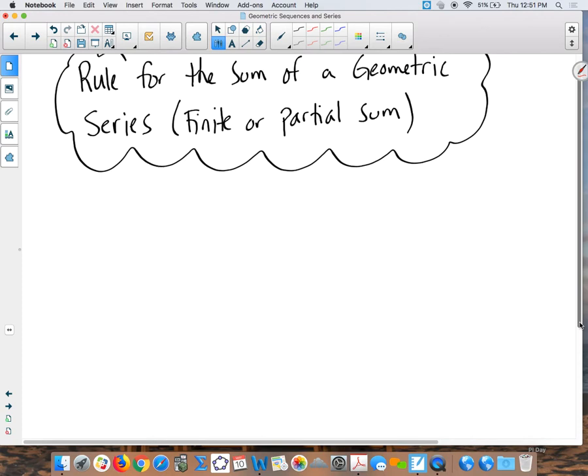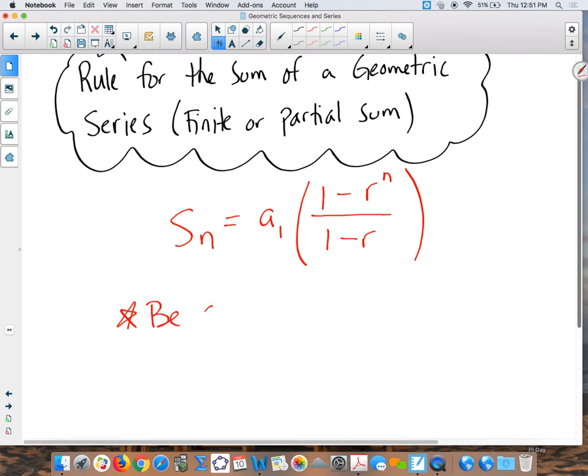So our formula here, S sub n equals a sub 1 times 1 minus r to the n over 1 minus r. I'm going to stress again, be careful when your r value is negative or a fraction.